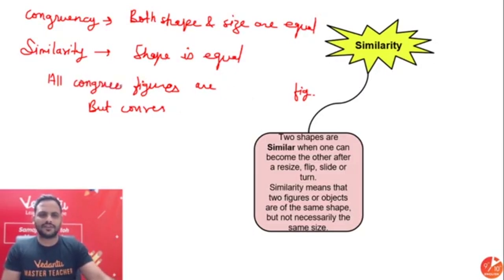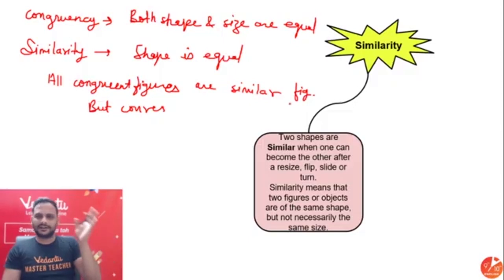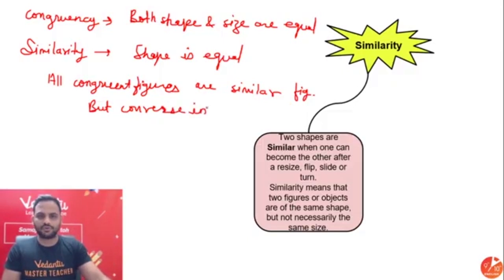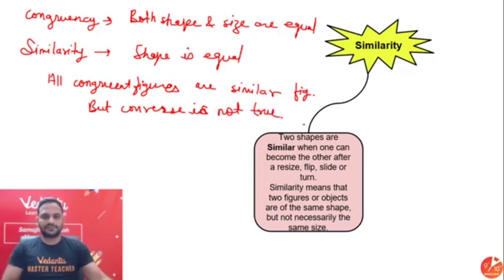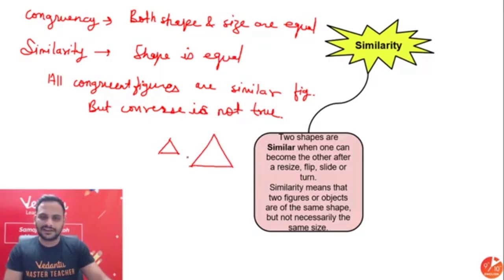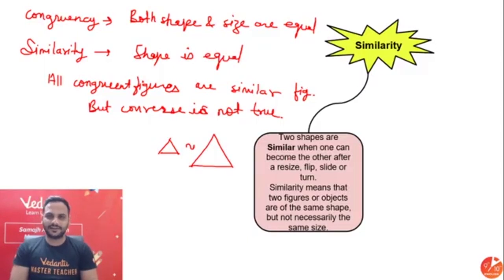If you say that two figures are congruent, you can always say they will be similar as well, because if they are congruent, definitely their shape is always equal. So I can say they are similar also. But converse is not true. Why? Because if these two triangles, let's say I have told you these two are similar, you can clearly see they are not congruent because sizes are different.